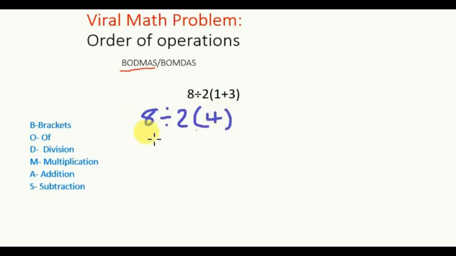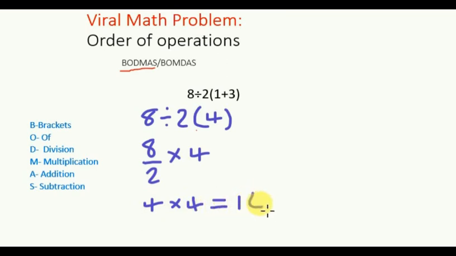So 8 divided by 2 times 4. 2 into 8 goes 4 times, 4. 4 times 4 is 16. Therefore 16 is our answer when we use BODMAS to solve this problem.